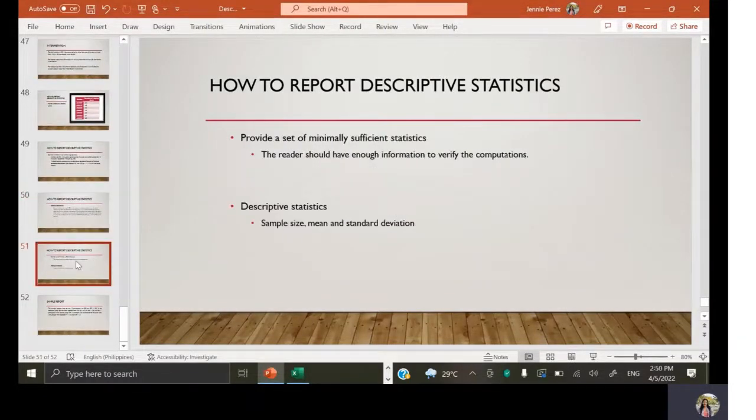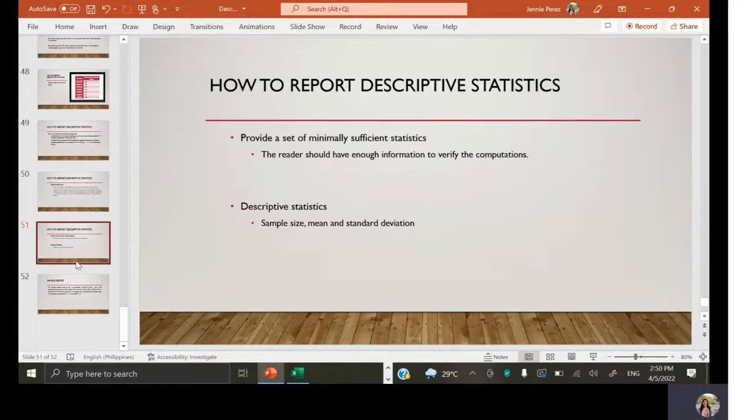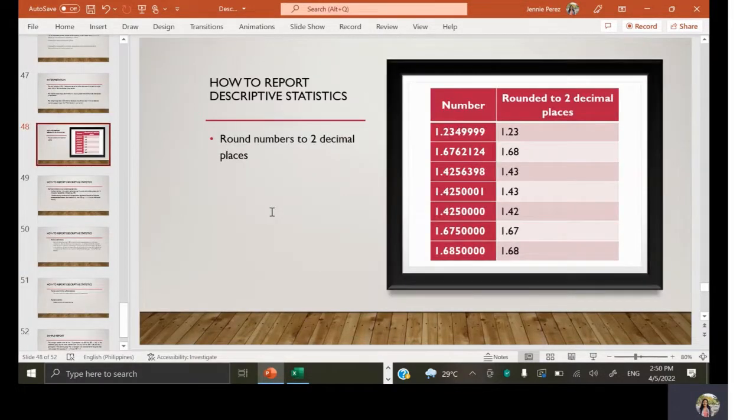Okay, how to report descriptive statistics? So we have here rounding numbers to decimal places. Okay, so we have here 1.23. Because the next number is less than 5, we retain the second decimal place, so we retain the number 1.23.